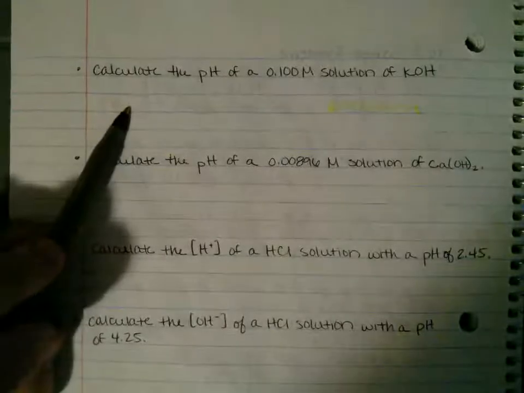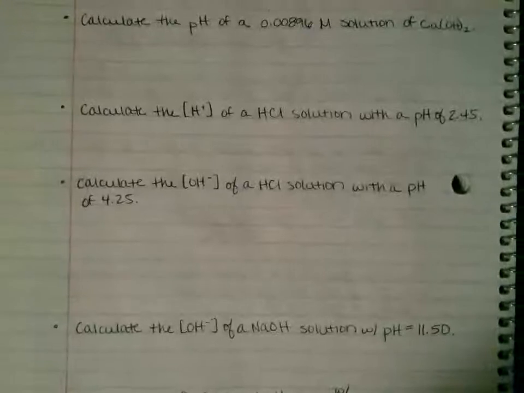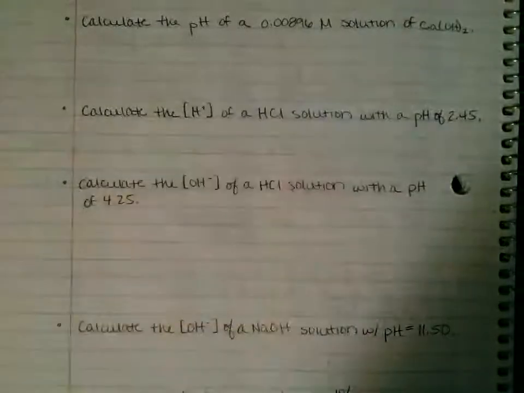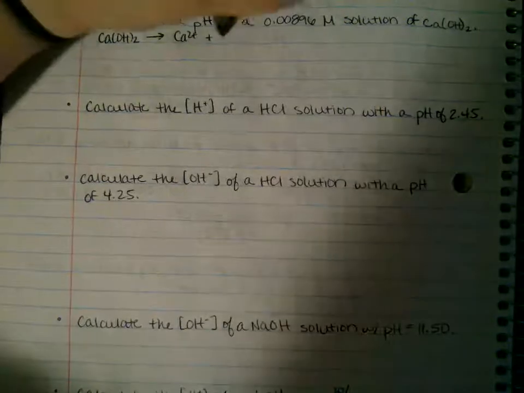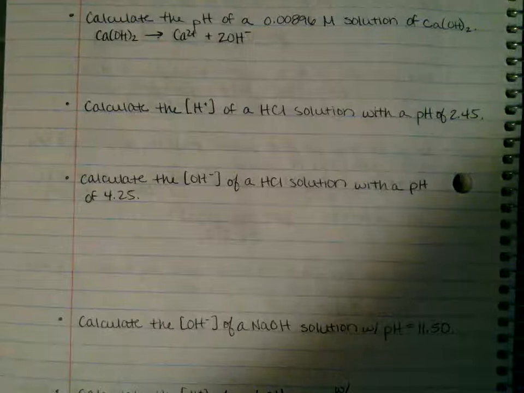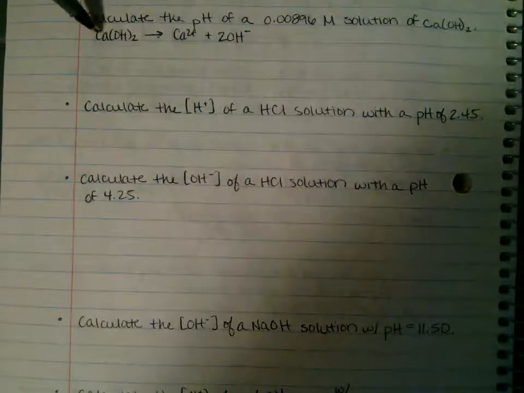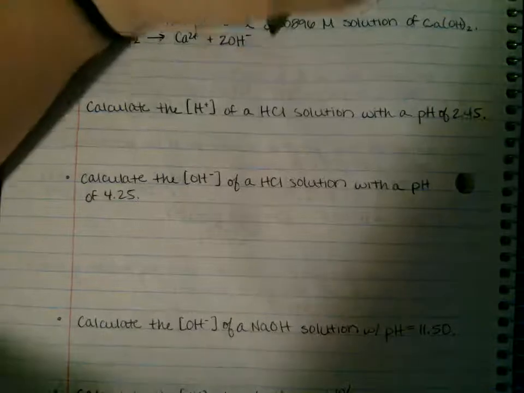I'm not going to do this one because it's very similar to the one we just did. But now let's look at what if we had calcium hydroxide? Calcium hydroxide, when it dissociates in water, you're going to get calcium ion, and you're going to get 2 hydroxide ions, right? So that means for every 1 mole of calcium hydroxide present, it's going to give off 2 moles of hydroxide.